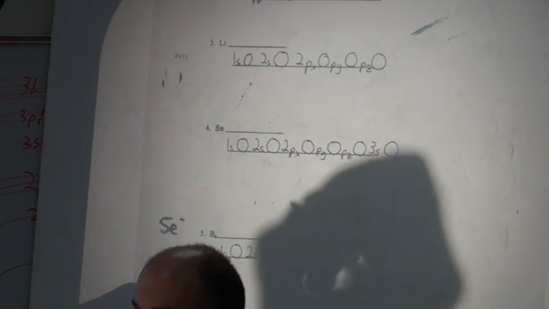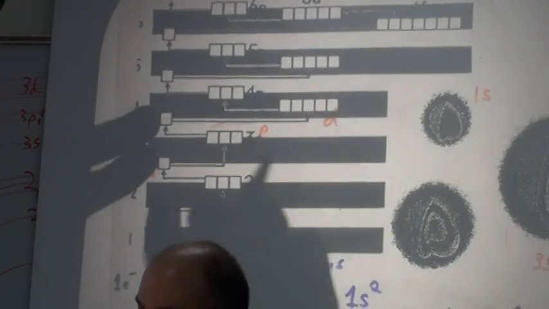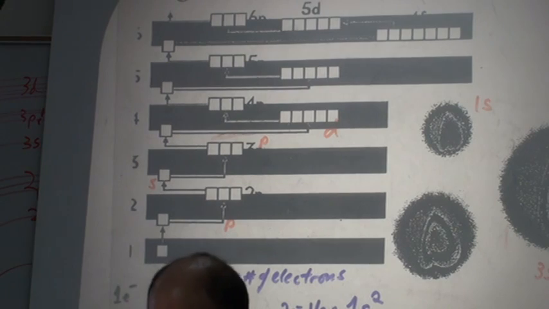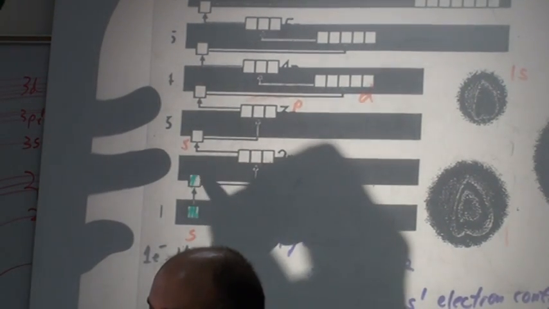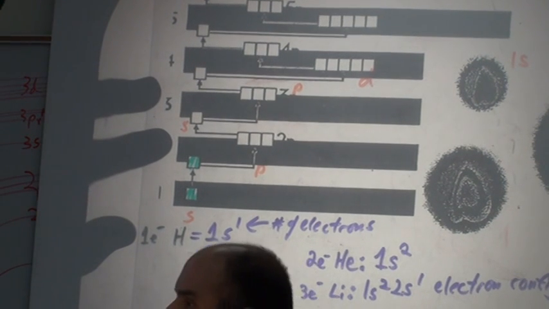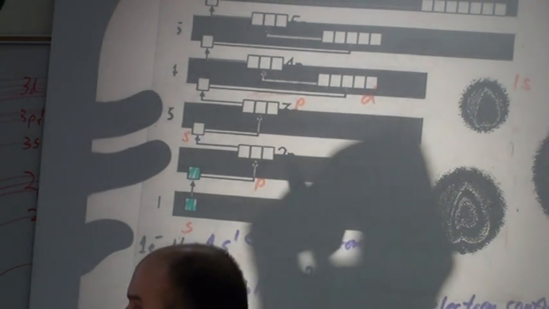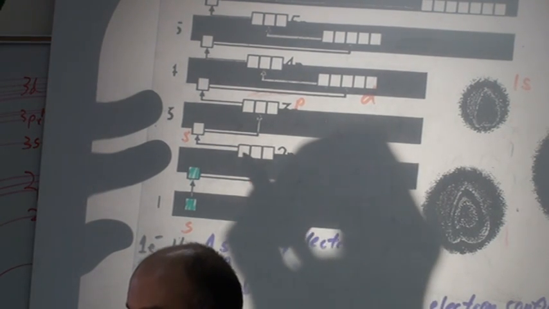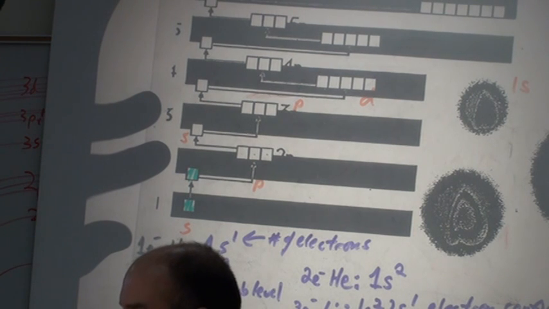Boron. So 5 electrons. So if we look back at our diagram, our 5 electrons could go 1, 2, 3, 4. Now where do we put the 5th electron? The 5th electron goes up into the 2p. But these 3 boxes are equal in energy.